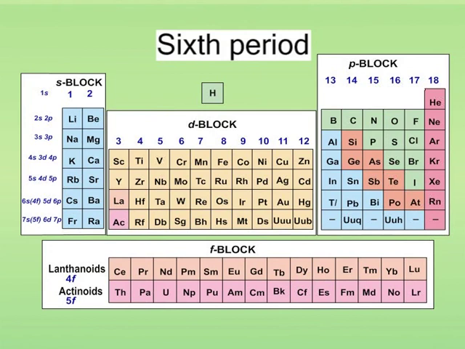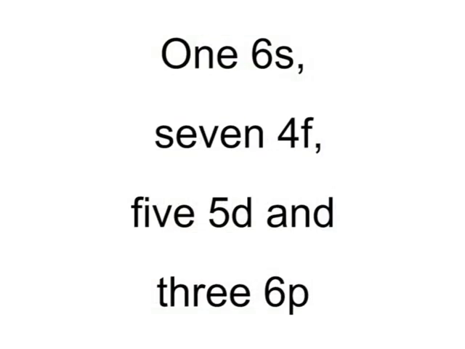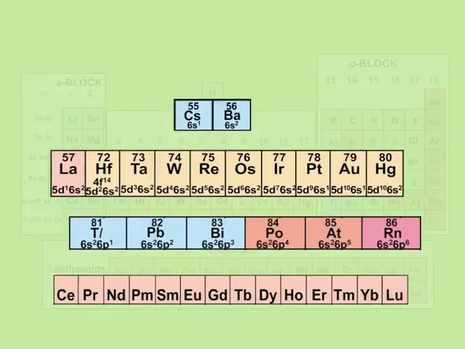The sixth period corresponds to the filling of the sixth energy level, that is n equals to 6. Since in this period only 16 orbitals, one 6s, seven 4f, five 5d and three 6p are available for filling with electrons, the sixth period contains 32 elements.